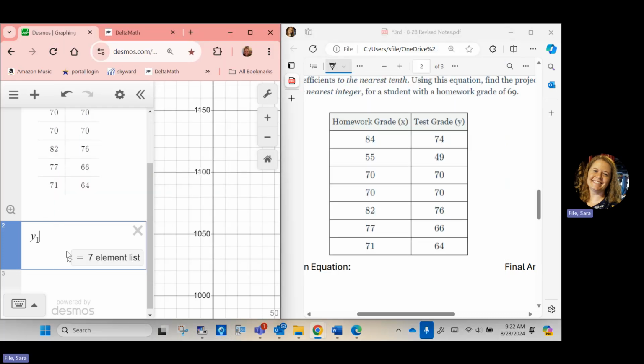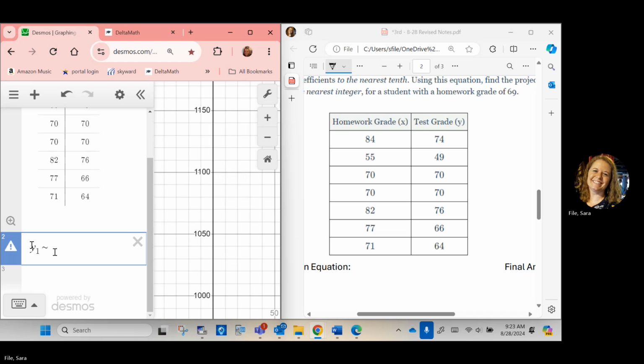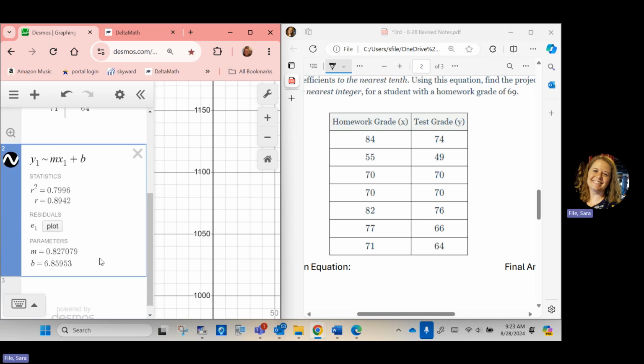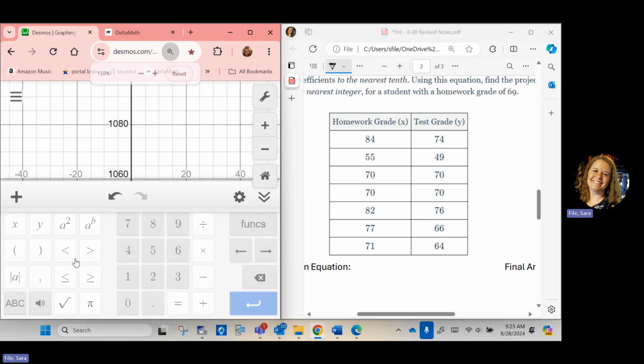Again, you hold shift and enter that button. So it's up there in the left corner next to the 1 on your actual keyboard if you want to use it there. So Y1 tilde and then X1 plus B. When I finish typing that in, I get the parameters to write my equation.